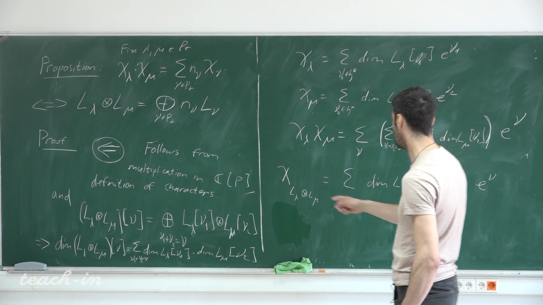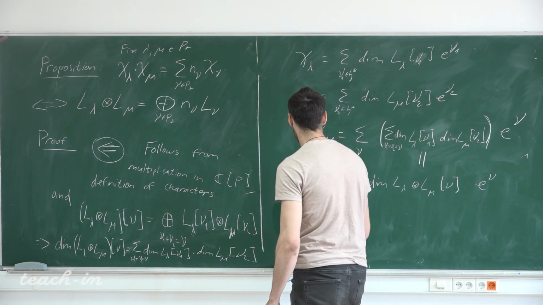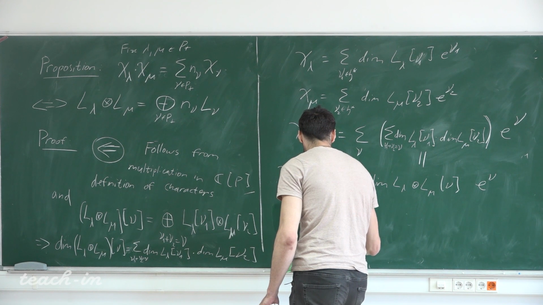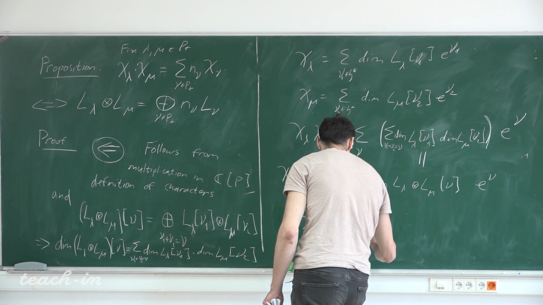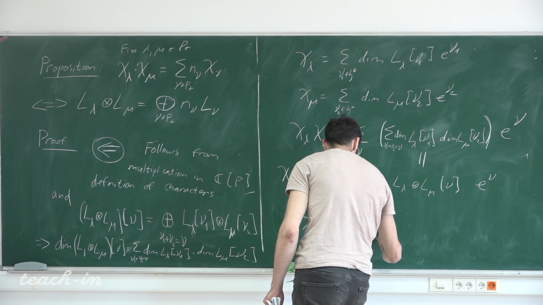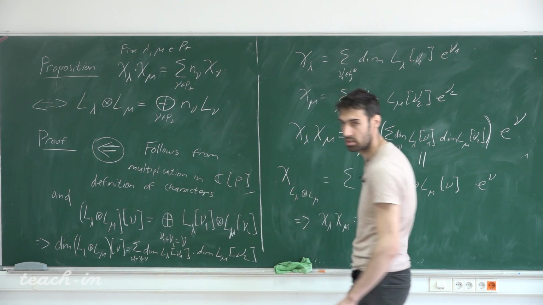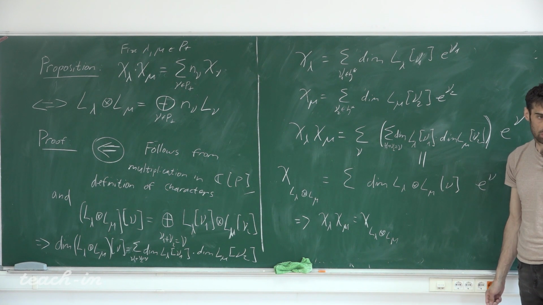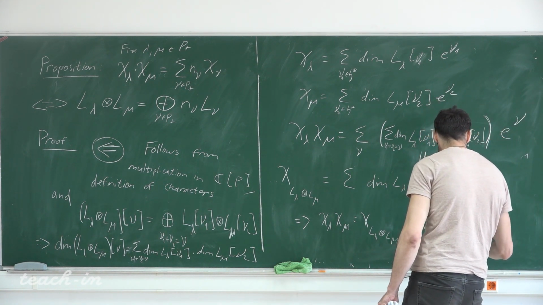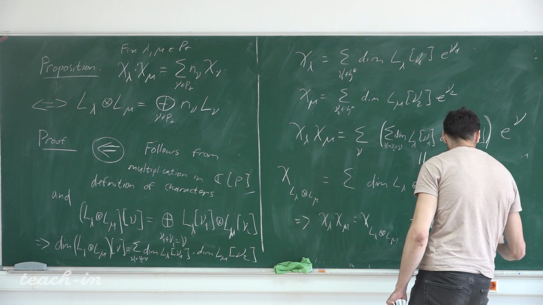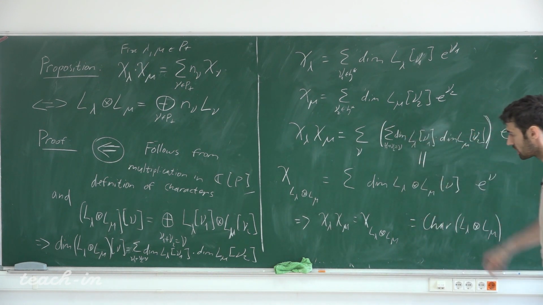We know that ch lambda ch mu is the character of L lambda tensor L mu. This we checked here.